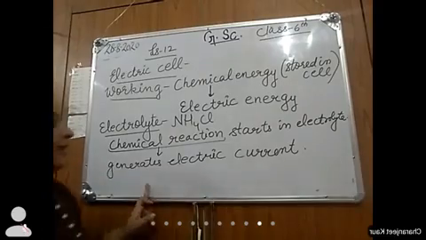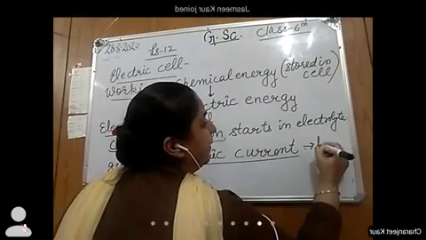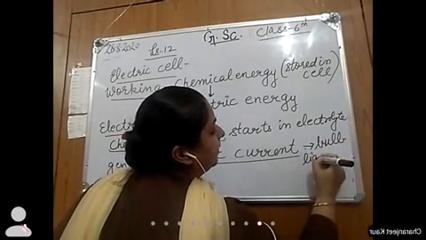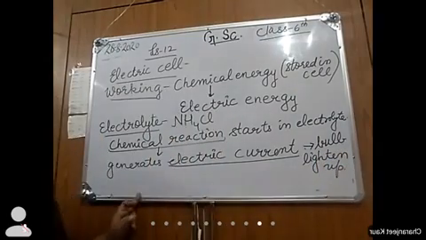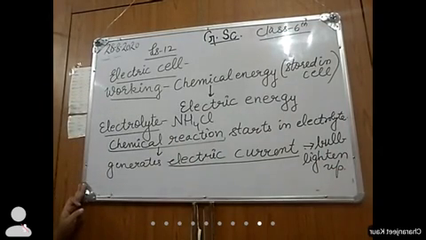As a result, when electric current is generated, the bulb lights up. There is no more detail in your syllabus. Only this much working you have to do.